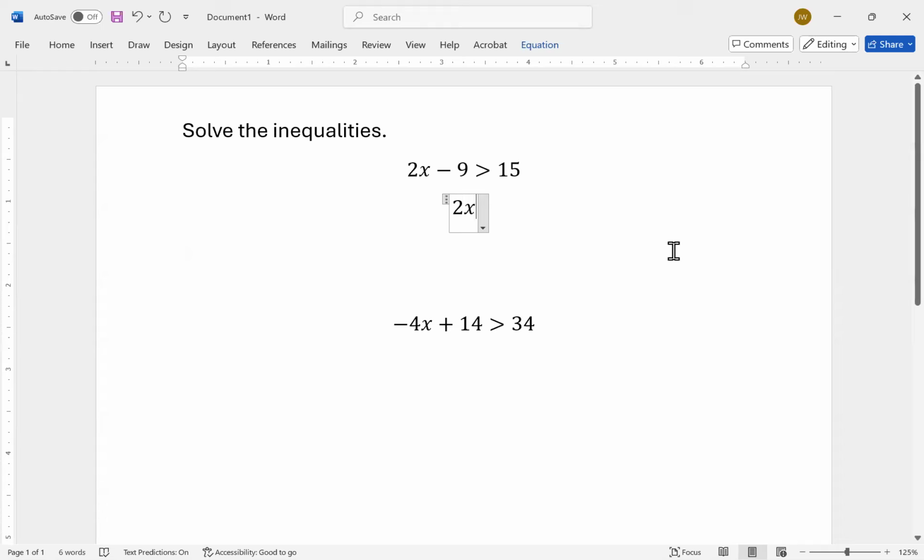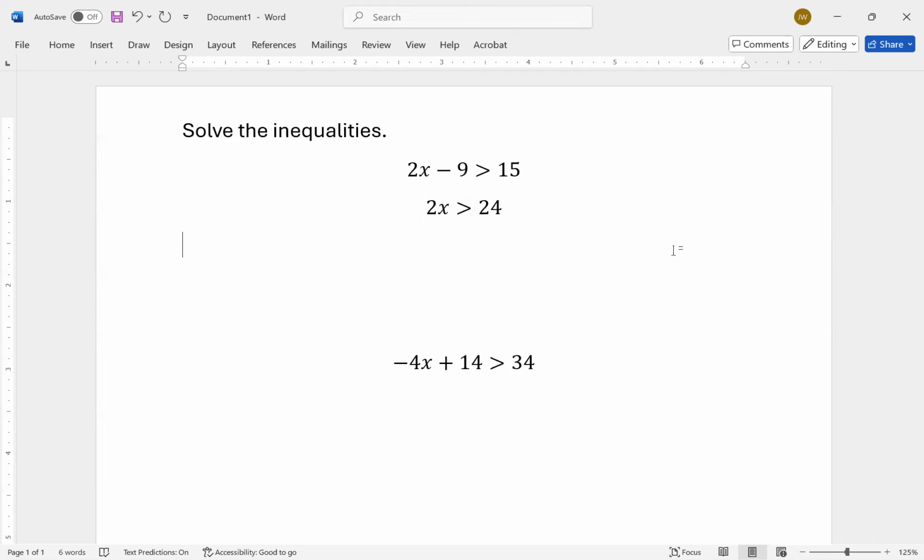Adding 9 to both sides of an inequality will not change the inequality direction, so we still are going to have greater than. This says 2x minus 9 is greater than 15. When I add 9 to both sides, I'll have 2x is greater than 24.